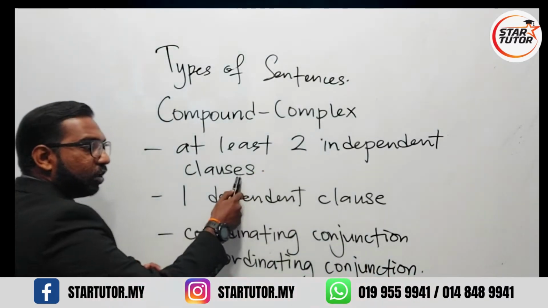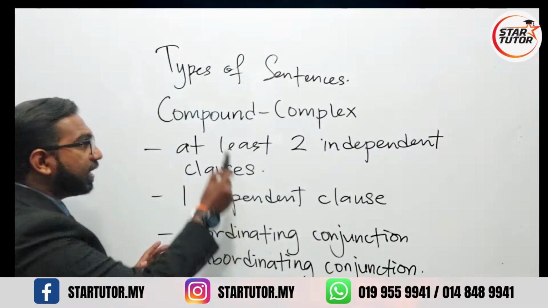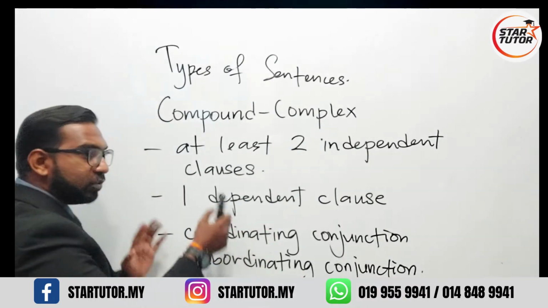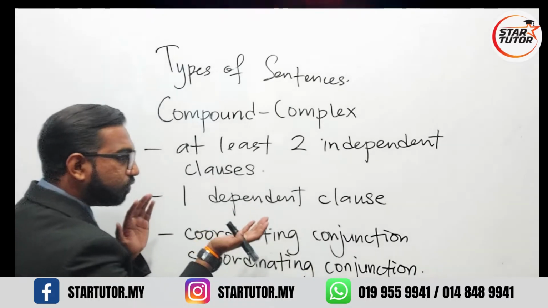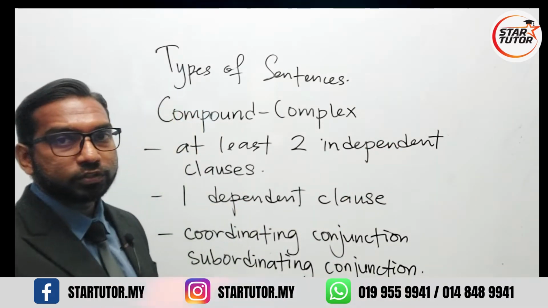For independent clauses, they should be joined by coordinating conjunction, and for a dependent clause to be complete, you need the help of subordinating conjunction to make sure that they are connected to the independent clause.